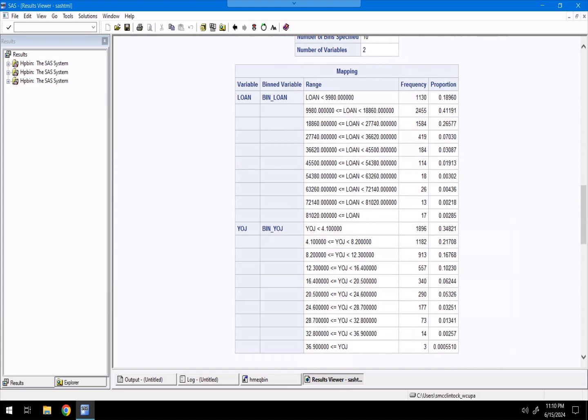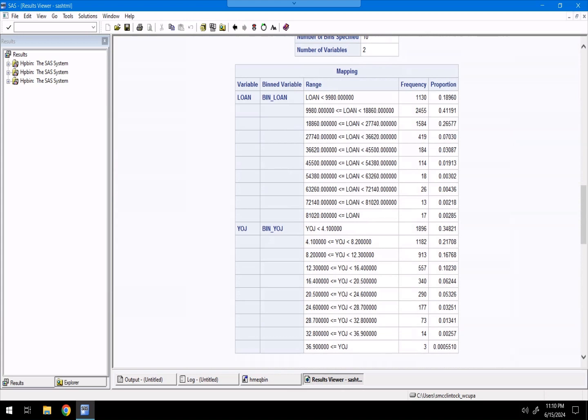I should rerun at least this variable, maybe with 6 or something, and see if that does a better job. Again, I'm just showing an example, but this is a bad set of bins that SAS has made for me. And that's why I said this is a pretty time-consuming process, because it takes a lot of trial and error to come up with bins that satisfy all these different criteria.